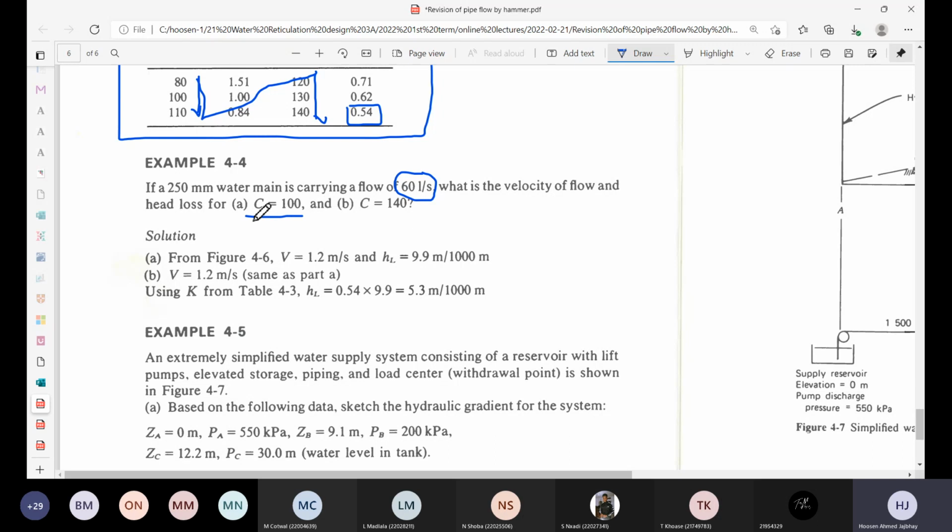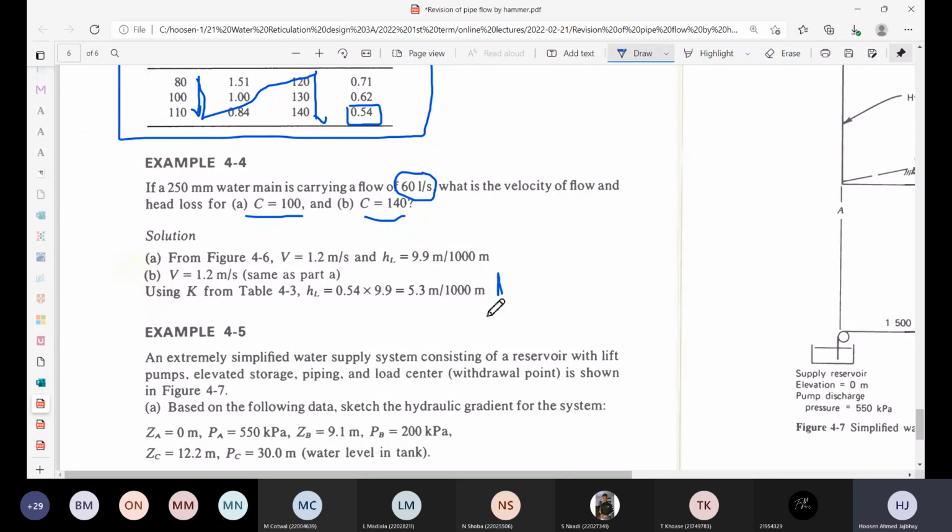So if you have C equals 100, you can use that nomograph. And the second part is, what if C equals 140? So how do you do the corrections for that? Exactly as I've explained it to you, you'll see that correction being done in this particular example.